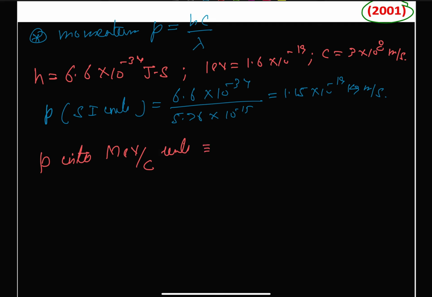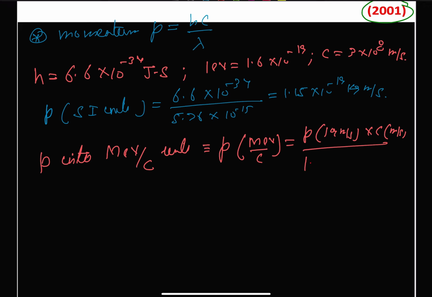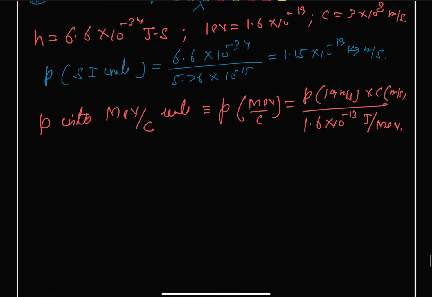So this gives us that our P in terms of mega electron volt per c will be equal to P in terms of kg meter per second multiplied by c in terms of meter per second, divided by our mega electron volt, that is 1.6 into 10 to the power minus 13 joule. This looks good now. So first of all, we are going to find out our numerator, that is P multiplied by c.